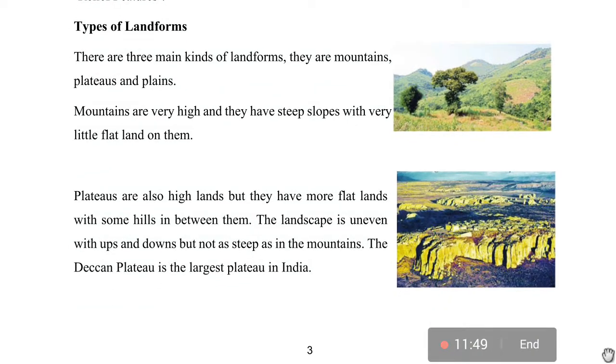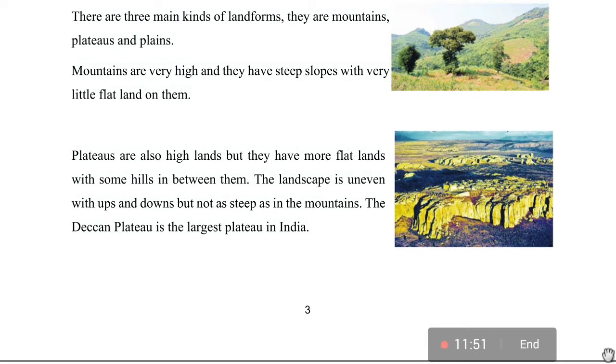Next one, plateaus. Plateaus are also highlands. Mountains are highlands and plateaus are also highlands. But there is a difference between plateau and mountain. So, what is the difference? Plateaus have more flat land, whereas in mountains there is very little flat land.